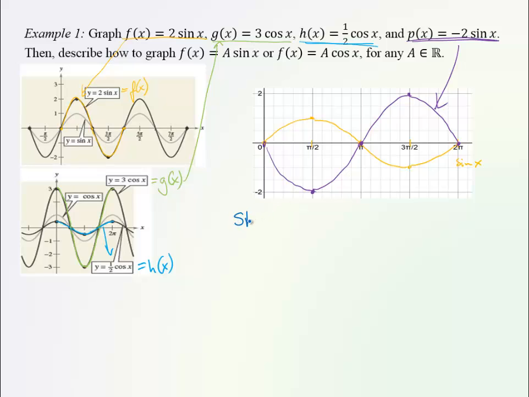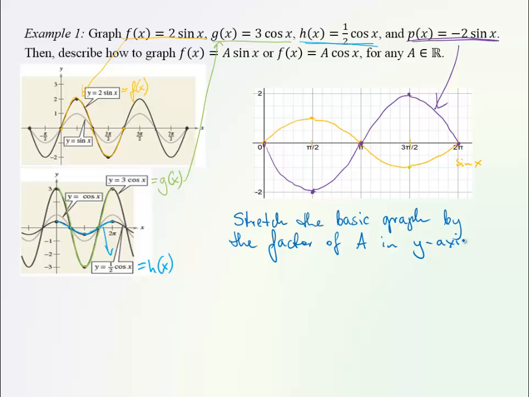So we need to stretch the basic graph by the factor of a in the y-axis. If a is positive, the wave will be the same way. If a is negative, the wave will have to flip over the x-axis.